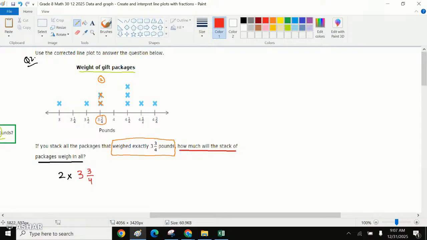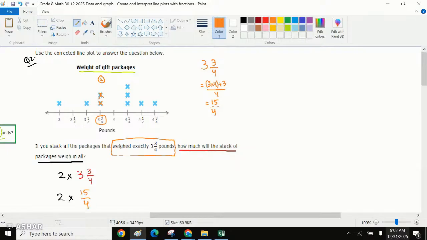What we can do is we can simplify the mixed number. We can change the mixed number, and we know how to change the mixed number. 3 whole 3 upon 4 can be written as 3 multiplied by 4 plus the numerator, divided by 4, right? 3 times 4 is 12. 12 plus 3 is 15 upon 4, right? So in place of 3 whole 3 upon 4, we can also write 15 upon 4, right?